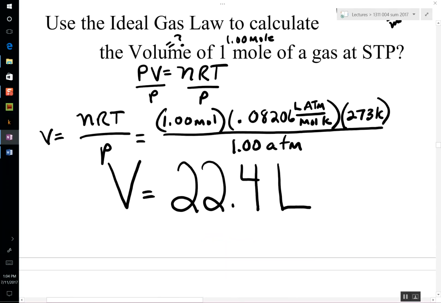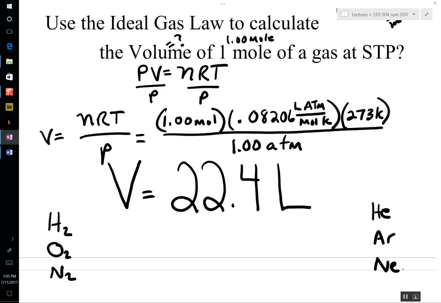So we could be talking about hydrogen, oxygen, nitrogen, helium, argon, neon. 1 mole of each one of those gases at standard temperature and pressure, 273 degrees Kelvin, 1 atmosphere pressure, will occupy that volume, 22.4 liters.